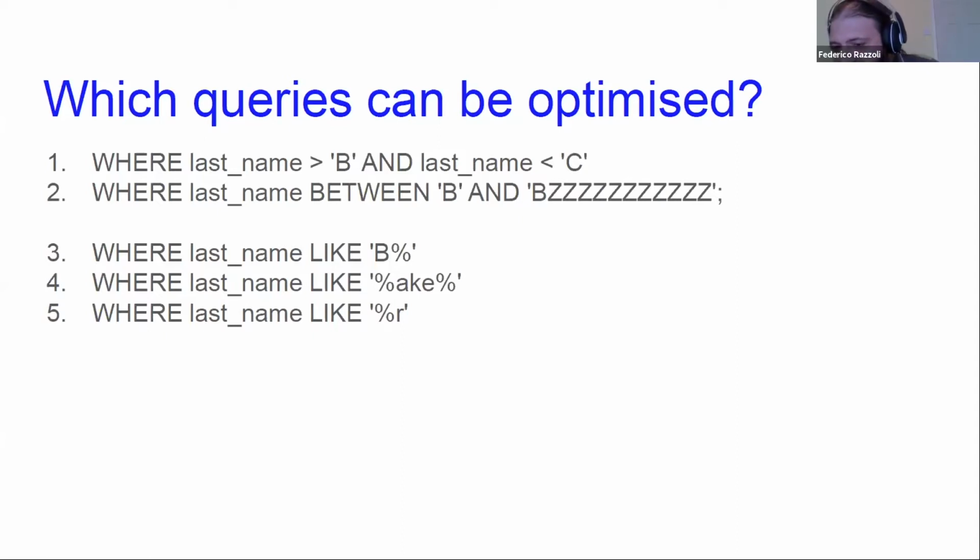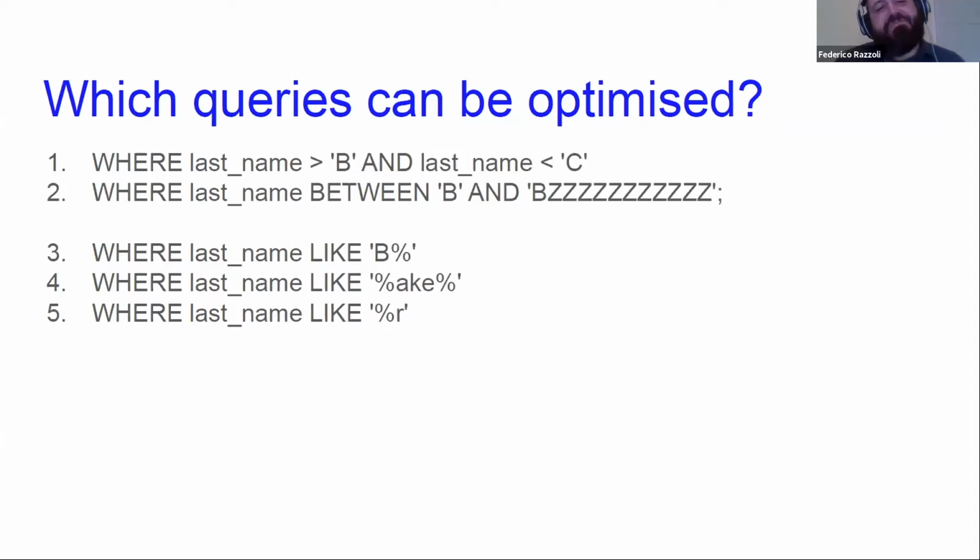Okay, so we have an answer. Great. Victoria says 1, 2, and 3 can use an index. 4 and 5 cannot. Exactly. That's absolutely true, and I would like to explain why.